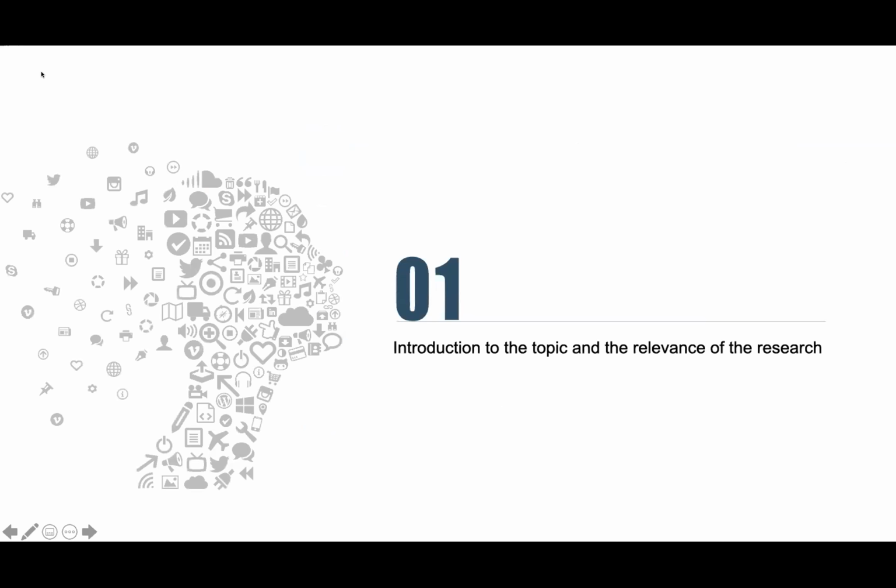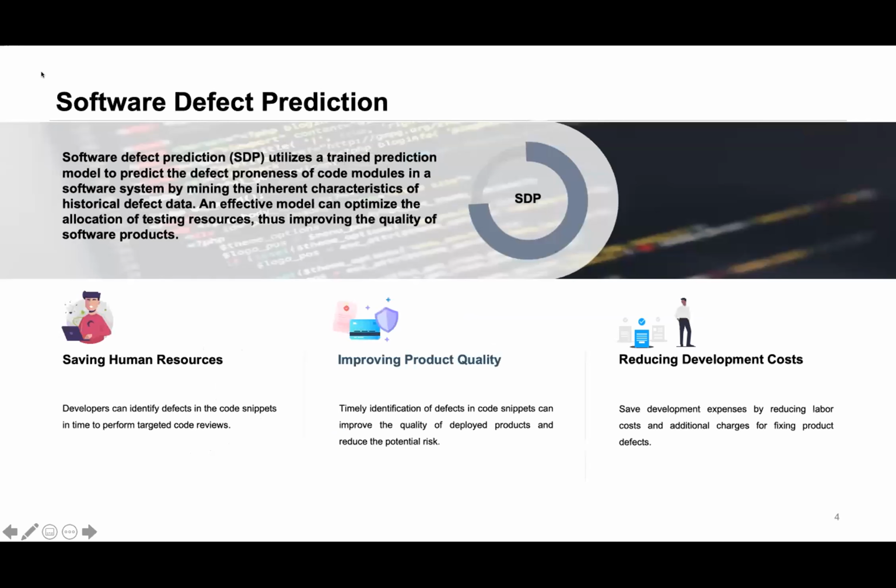First, I would like to introduce what software defect prediction is. According to the IEEE standard definition, a software defect is an imperfection or deficiency in a work product where that work product does not meet its requirements or specifications and needs to be either repaired or replaced.